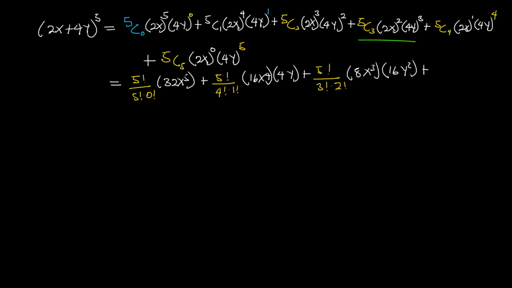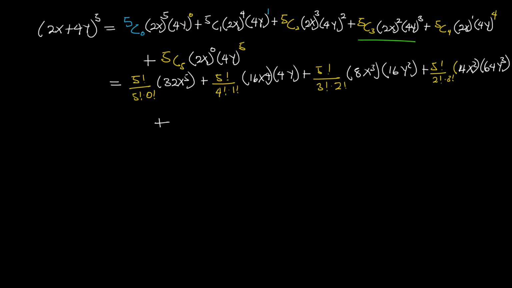plus we take this term here 5 factorial over 5 minus 3 is 2 factorial times 3 factorial, and this is multiplied by 2 squared is 4x squared multiplied by 4 raised to the power 3 is 64y^3.